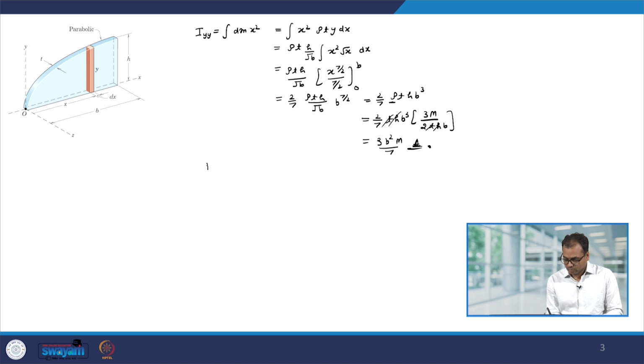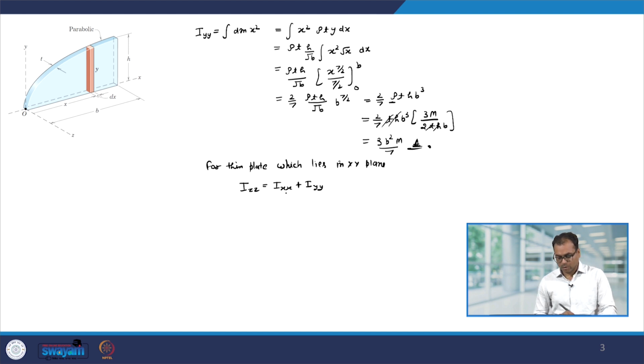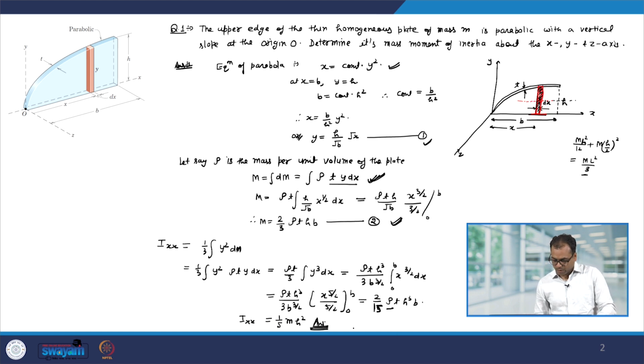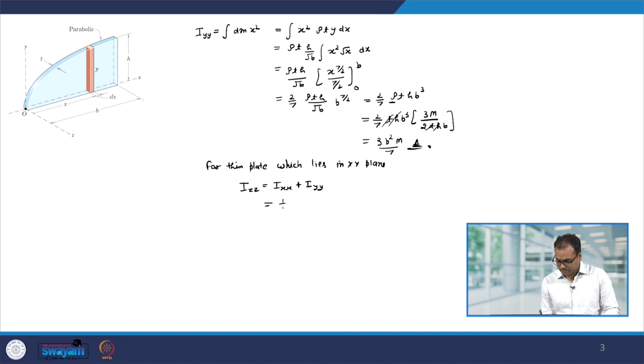So for a thin plate which lies in the xy plane, the moment of inertia about the z axis will be the moment of inertia about the x axis plus the moment of inertia about the y axis. So the moment of inertia about the x axis was 1 by 5 m h square, plus I y y was 3 by 7 m b square.